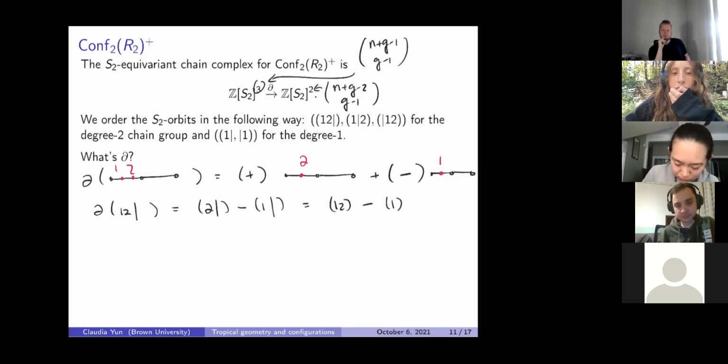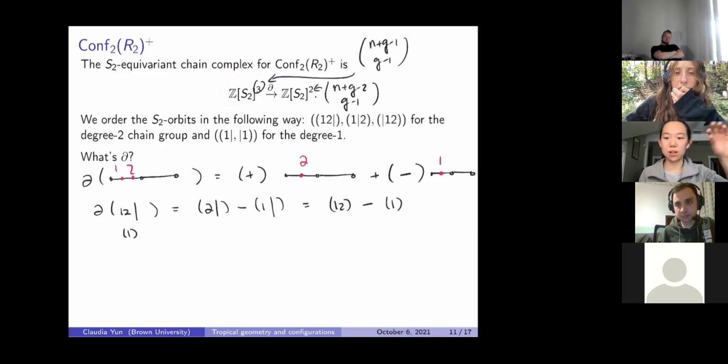And this 1, 2 here, we can just write it as 1 as a permutation. So one confusing point is that when we are writing the matrix for the differential, the entries are going to be elements of Z S2. And so the entries are going to be permutations. And the bases for these two are exactly these two that I wrote here.